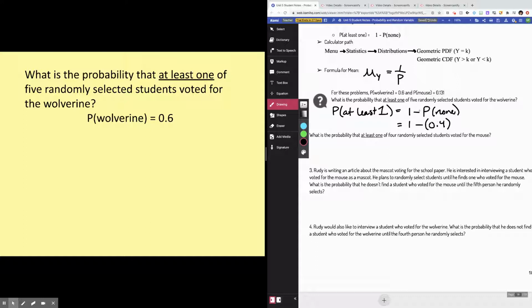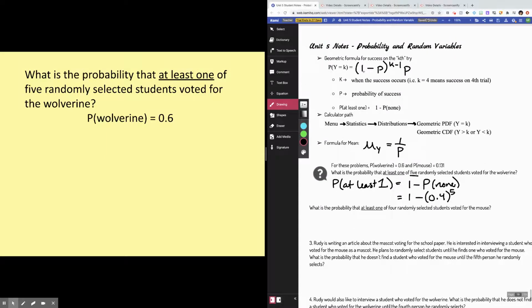But I'm saying none of them voted for Wolverine, and there were 5 randomly selected students, so I'm just going to raise that to the 5th power.